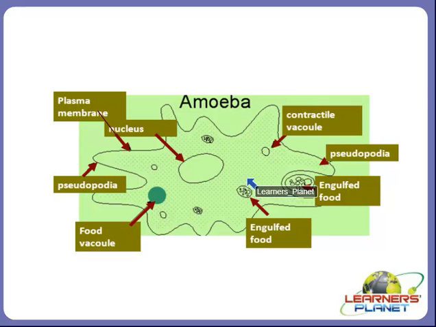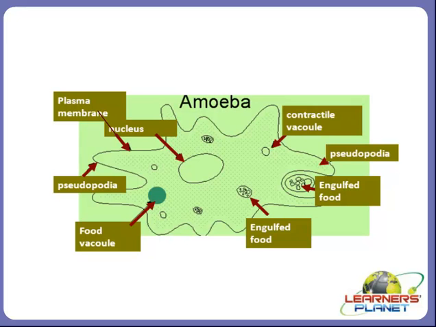Pseudopodia not only help in the movement, but also in the ingestion process. That means engulfing the food material from its surrounding. Once it is engulfed, it will be enclosed in the vacuole, where the digestion is going to take place. Now we can show how the capturing is taking place.